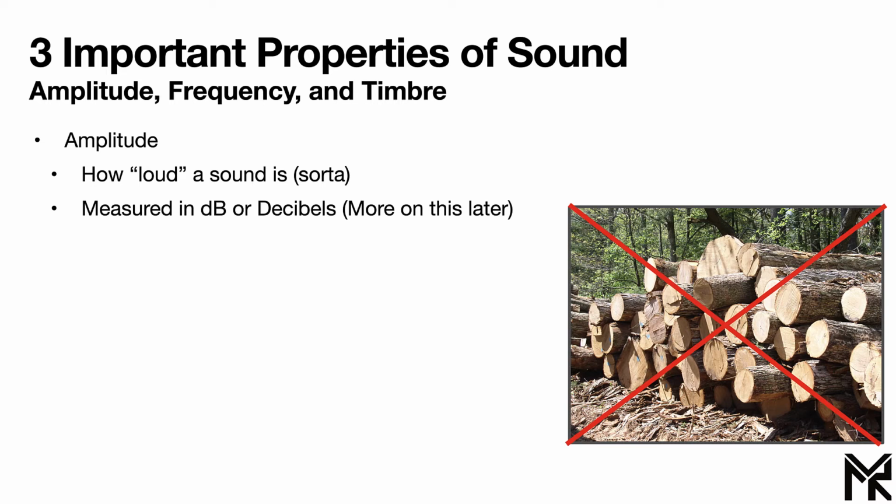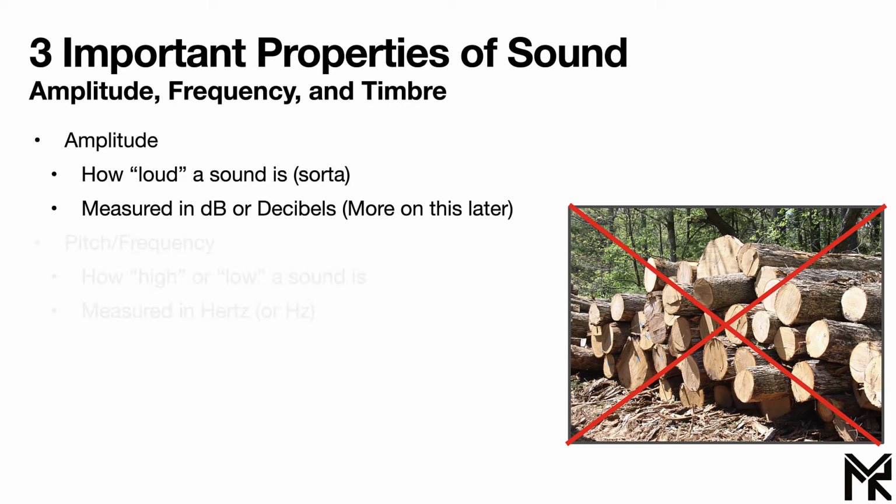Now, there are a couple different types of decibels out there, such as dBFS, dB full scale, and dB SPL, or sound pressure level. And once again, we're going to get into more detail on that later. Understanding that distinction is really important for producers. But for now, just understand that our perception of amplitude or loudness isn't linearly related to the actual amplitude that we look at when we look at a wave.